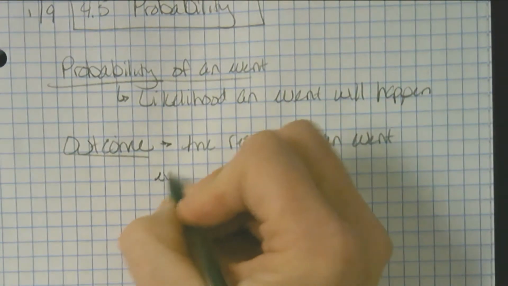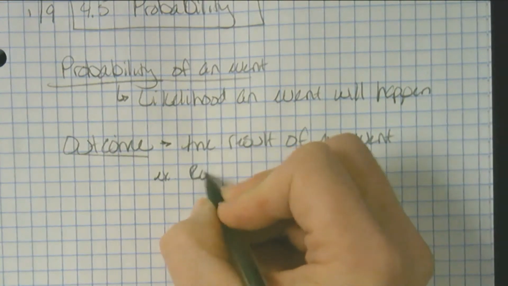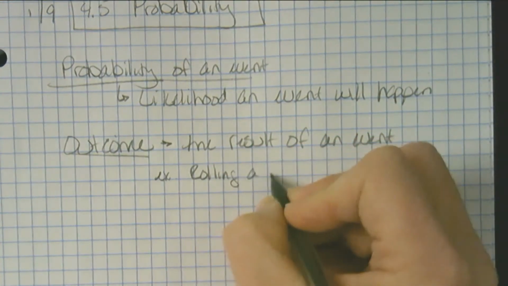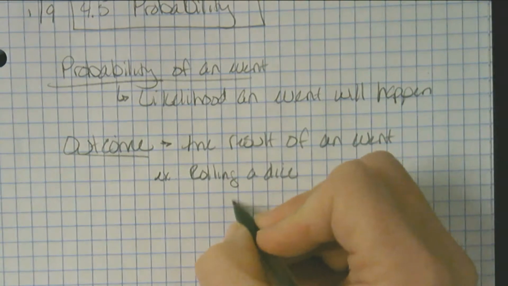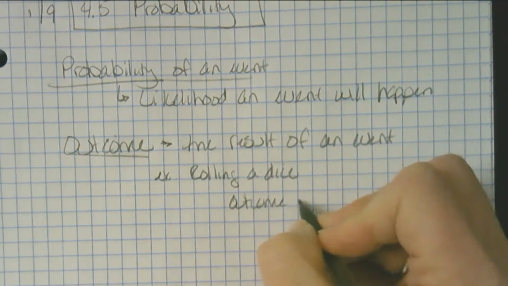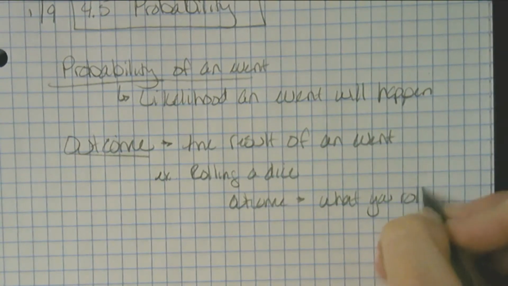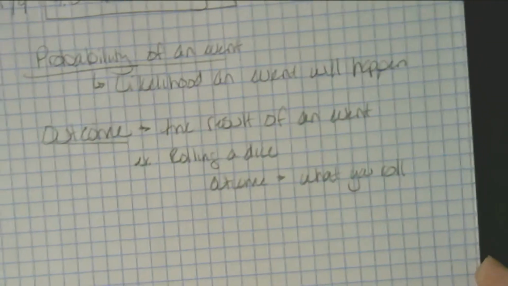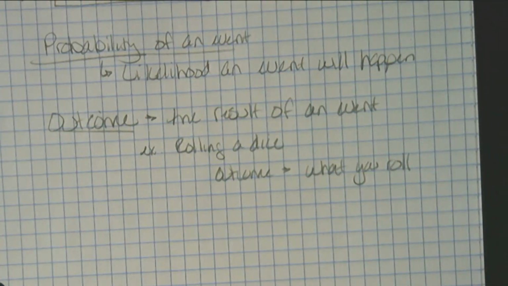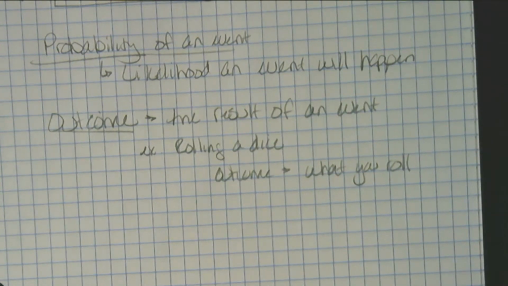An example of that might be something like we're rolling a dice. So the outcome, it's what you roll. A 1, a 2, a 3, an even number, an odd number. All right, that's what an outcome is.